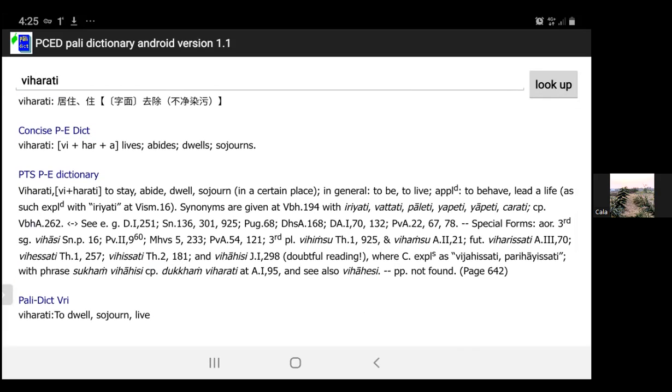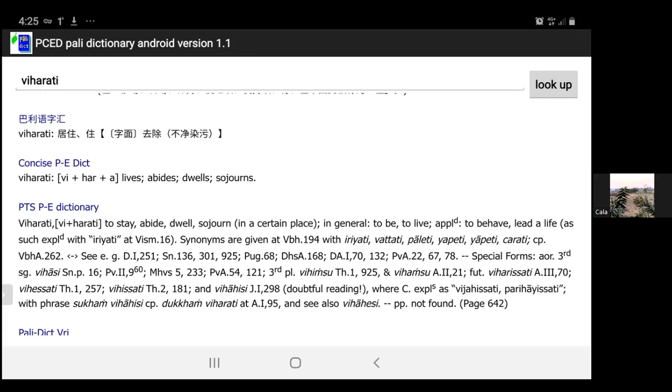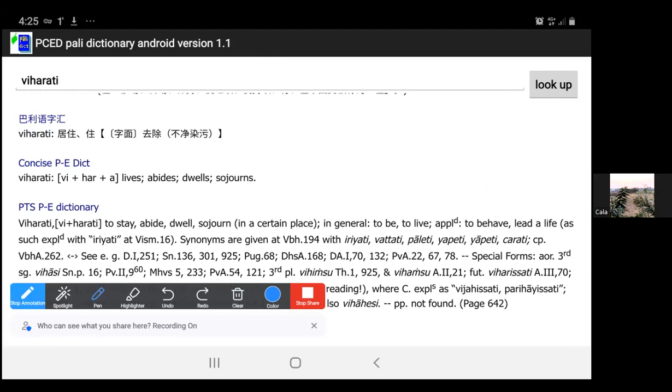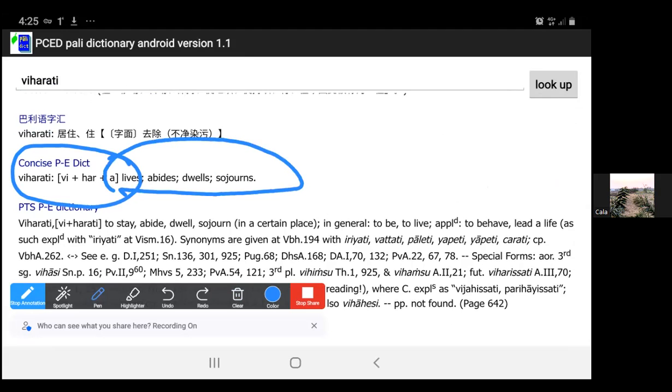I think you can divide it, yes. But generally, the word viharati, we just use it as it is. We don't really go and break it up. Like samanupassāmi, we need to break it into the prefix and so on. But viharati, just take it: lives, abides, dwells, sojourns. All right? Okay, thank you, Saji. So no need to break it.